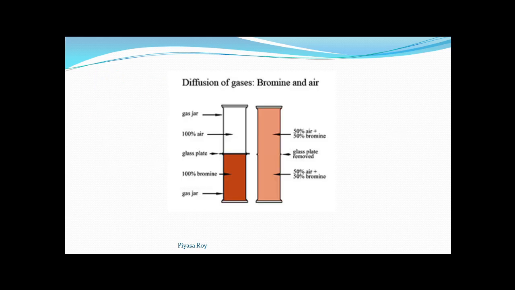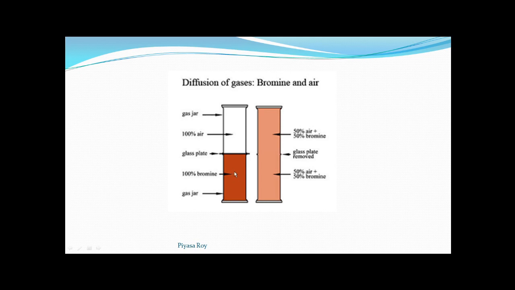Now this diffusion process can be seen. We can do a very simple experiment with bromine gas and air. Here we have taken a gas jar filled with air. That means this is an empty gas jar actually, but it is filled with 100% air. In the other gas jar, it is full of bromine gas.